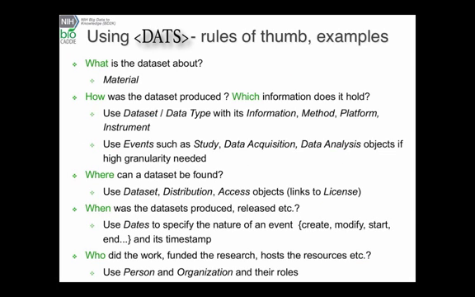So following on and explaining a bit why each of these entities are important, we found these rules of thumb in terms of dividing the entities in what, how, which, where, when, and who. In the case that, for example, what is the data set about, it is usually relevant to describe the material that the data set is describing.